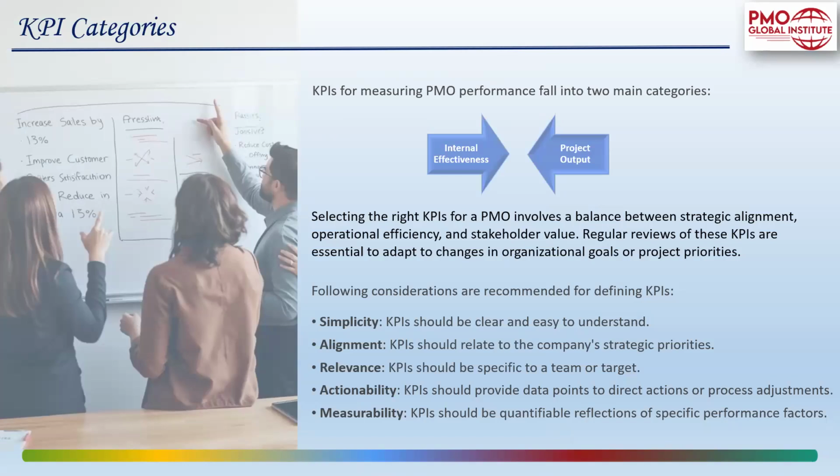Now, the KPIs that we are going to define can be categorized into two parts. One is the internal effectiveness, and the other, some of the KPIs would depend on the project output. So I'll just give an example. For internal effectiveness, let's say when we get a project in a large organization, you get a lot of projects.